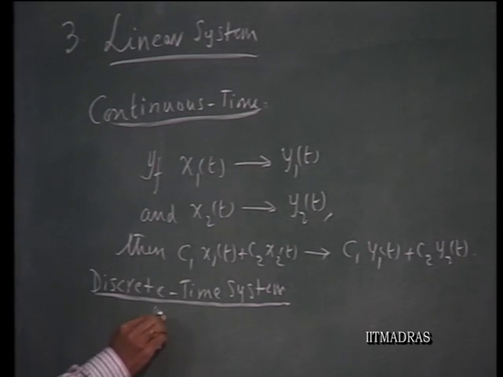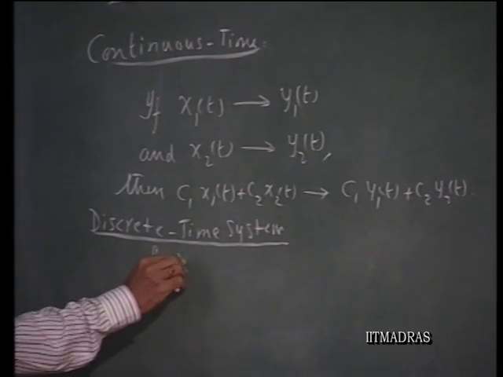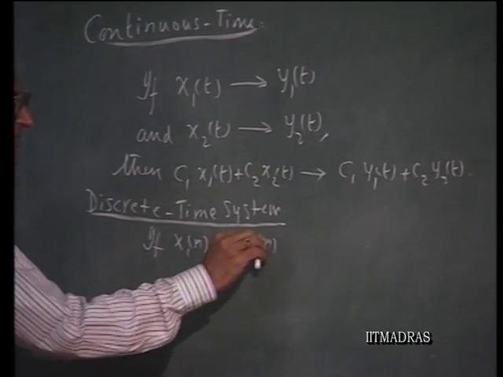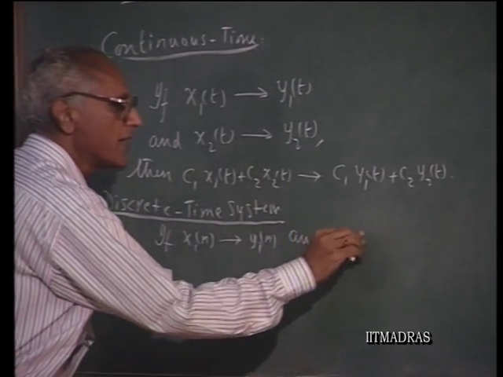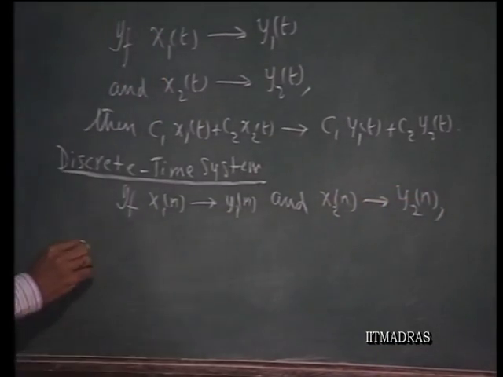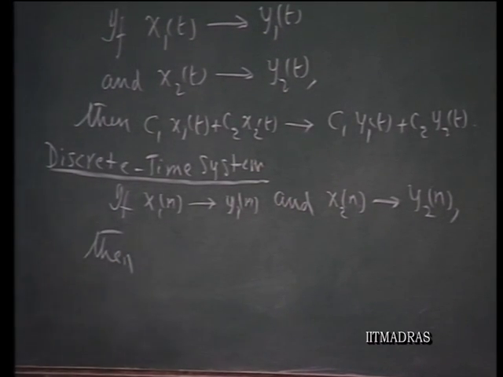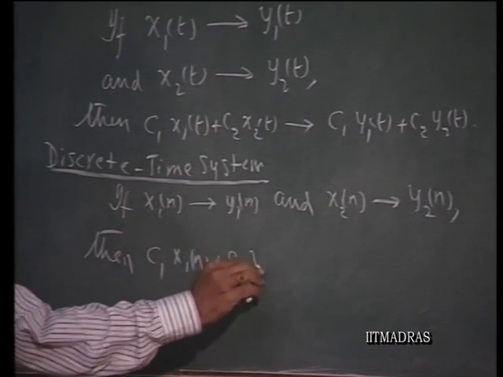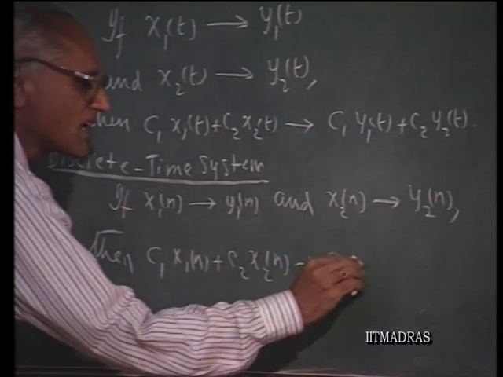Then the same statement will be carried over in this domain: if x1 n gives rise to an output y1 n and another arbitrary input x2 n gives rise to an output y2 n, then if the discrete system is linear, c1 times x1 n plus c2 times x2 n will give rise to a similar linear combination of the corresponding outputs.